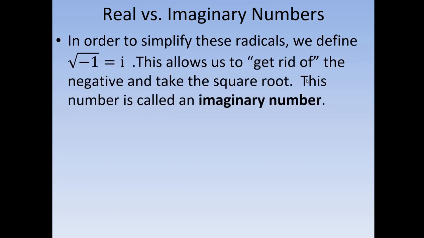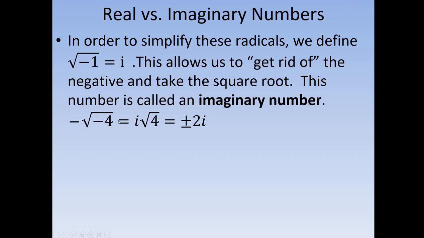So in order to deal with these imaginary numbers, these square roots of negatives, we define the term square root of -1 as being equal to i. This simplifies our square root into a real part, and then the imaginary part being the i. So here we do square root of -4.